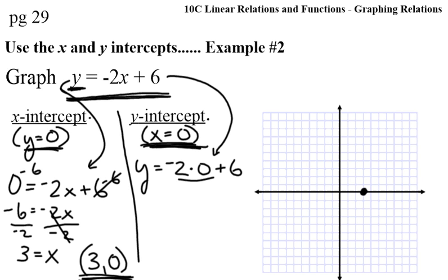Negative 2 times 0 is 0 plus 6. Y is equal to 6. So what's the y-intercept? Well, we get a value of 6 for y when x is 0. X is 0, y is 6. We have (0, 6). So 0 and then 6. There's the y-intercept. 2 points.